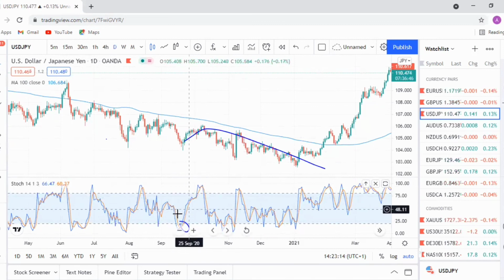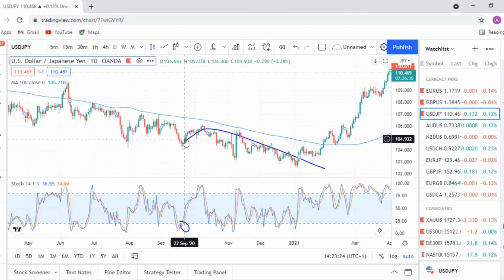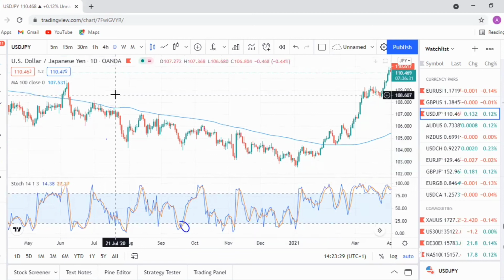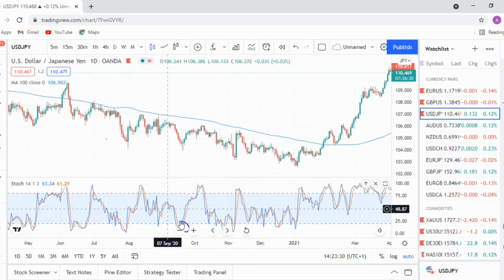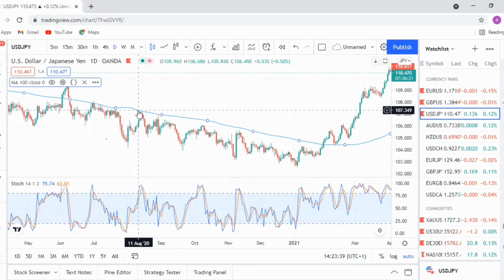That's for a sell, and then the blue crossing the orange going up is for a buy. That's for the stochastic, but that's for the relative strength index. It's just one moving average there, so you're not using any cross signals there for the relative strength index.